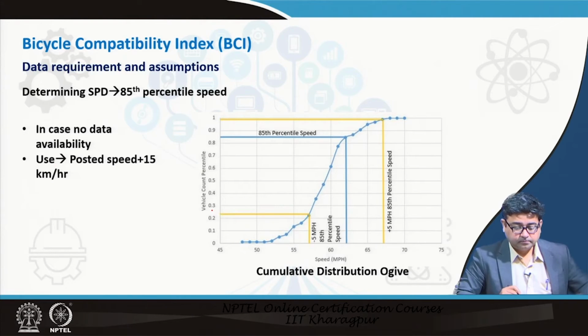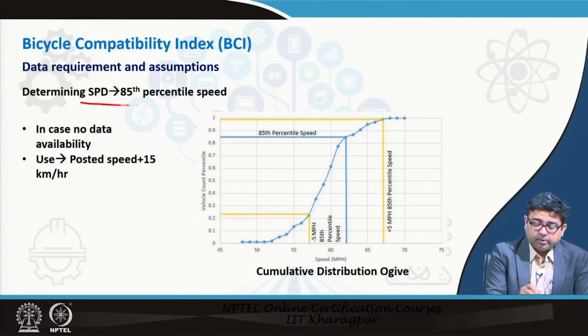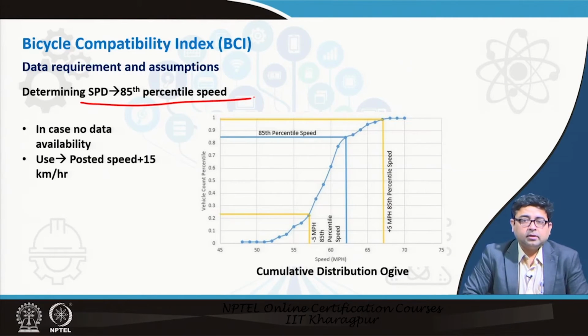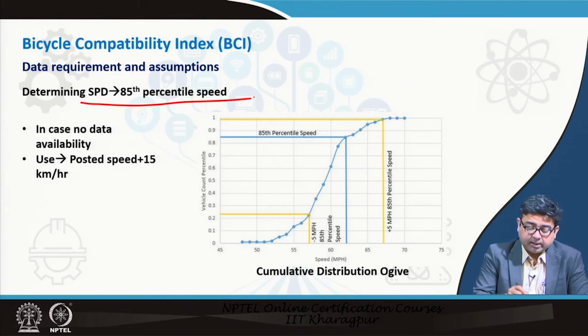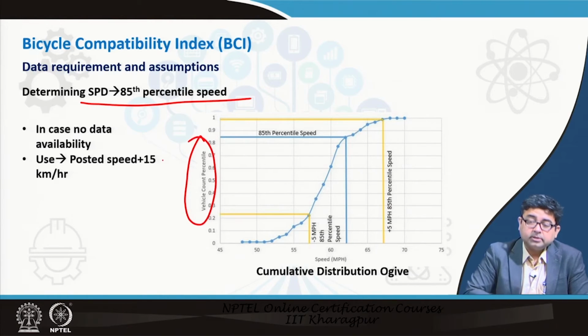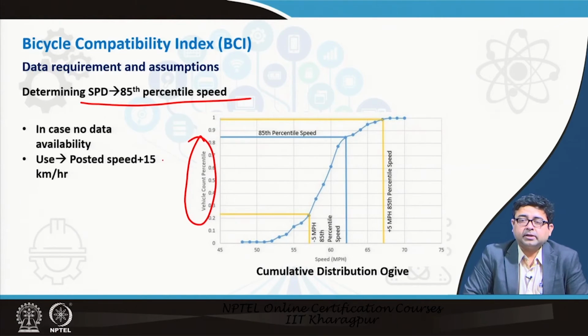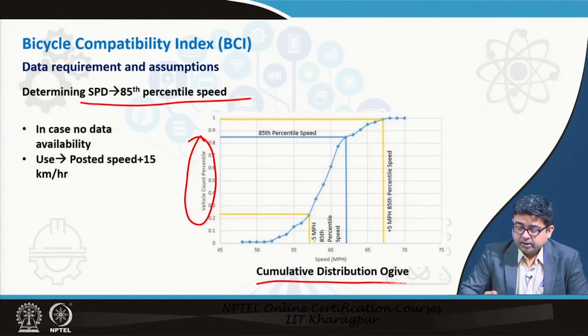How do you determine the speed? We have already told you in the previous lectures, 85th percentile speed is the speed at or below which 85% of the vehicles travel, or the speed above which only 15% of the vehicles are traveling. That can be calculated in the field just by developing a cumulative distribution ogive.